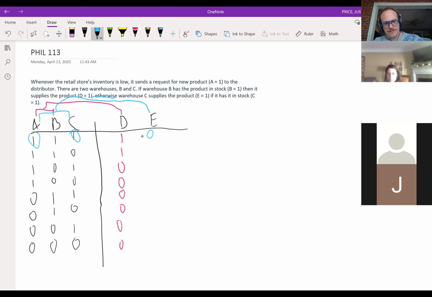Okay. So this should be how your input-output table looks.